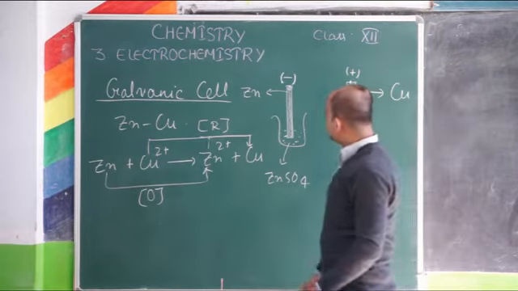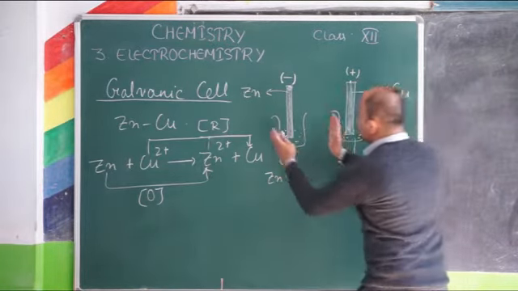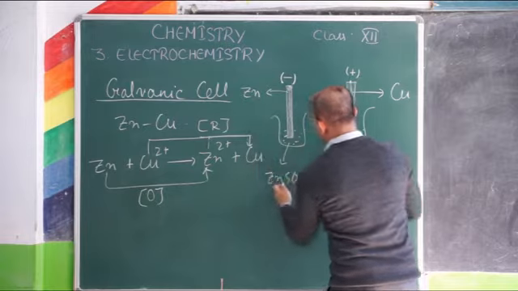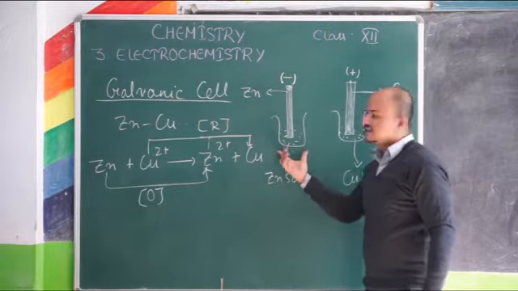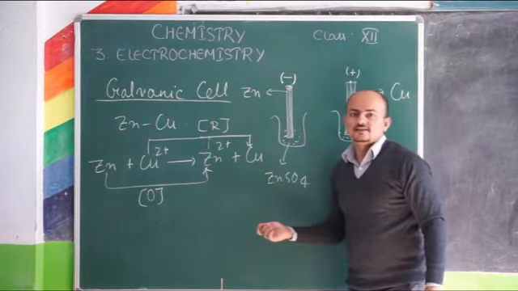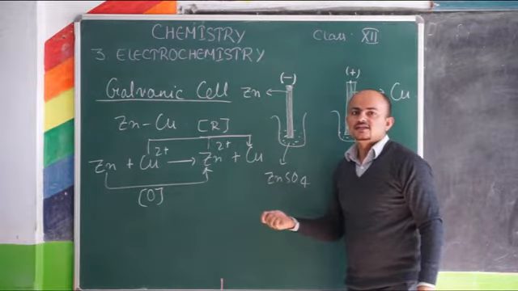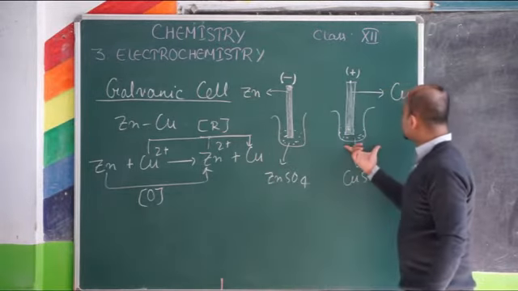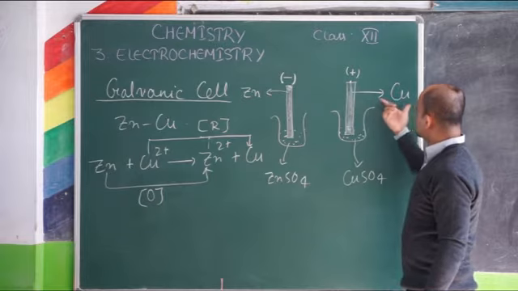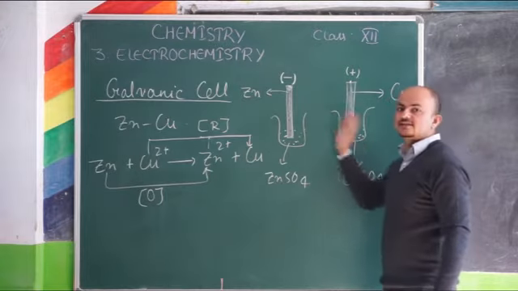Now, zinc dissolved in zinc sulfate is a half cell. Similarly, copper dissolved in copper sulfate is another half cell.